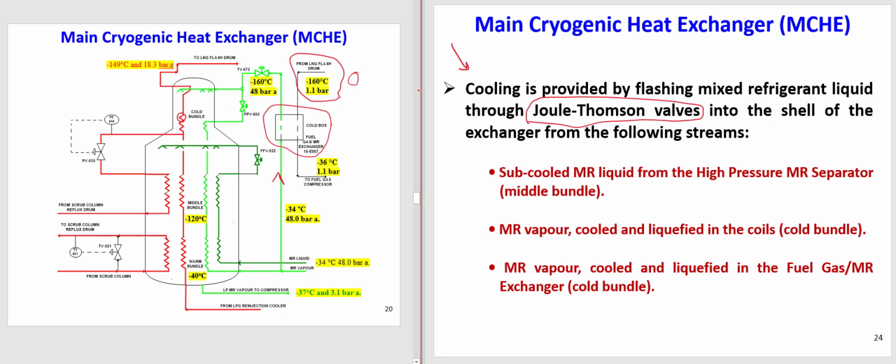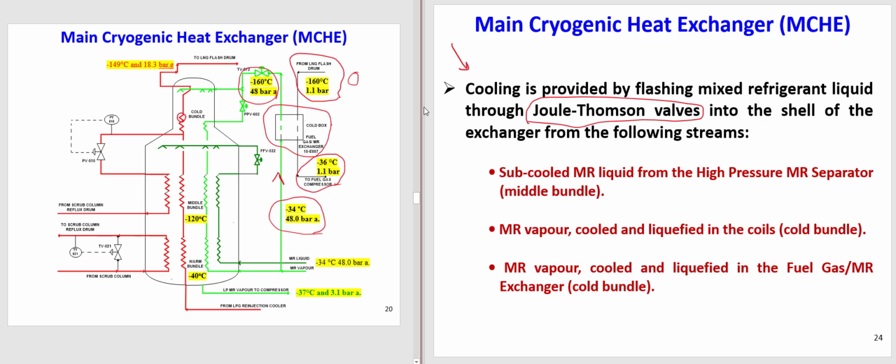Then this fuel gas will be warmed up from minus 160 to minus 36, and the mixed refrigerant will be cooled from minus 34 to minus 160. So this is what's happening.